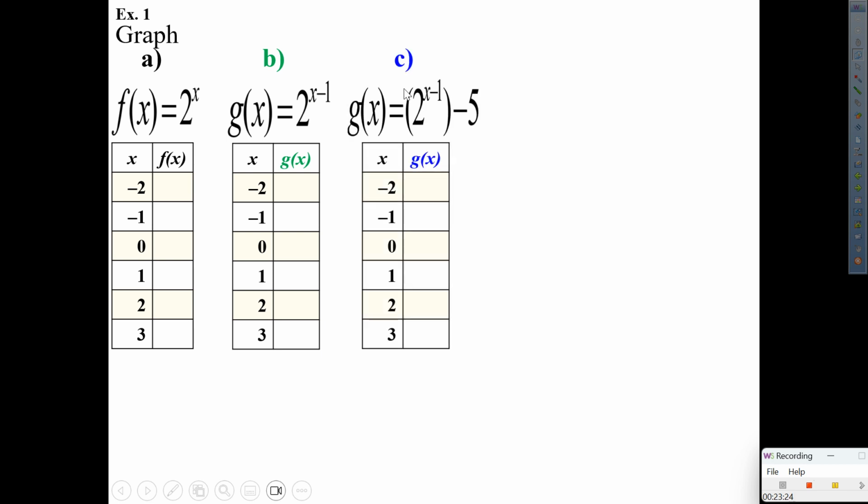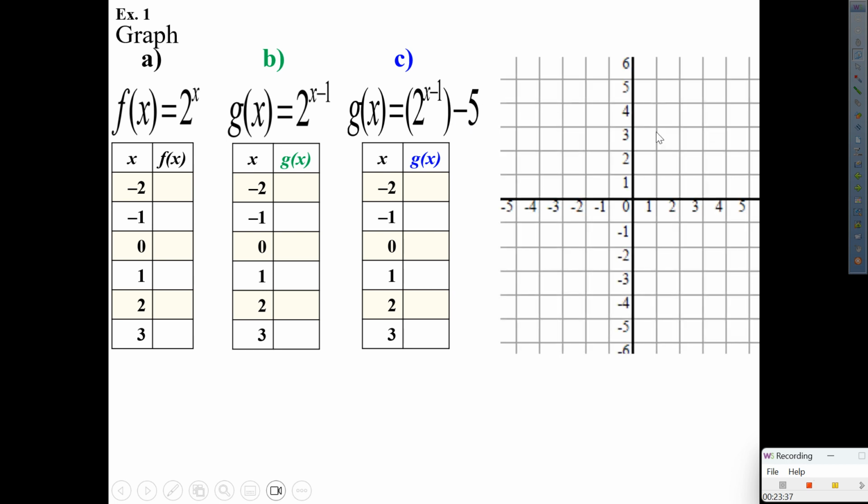Then one more table in blue, and this one is g of x equals 2 to the x minus 1, and then at the end, minus 5 outside the parentheses. Get that ready. I'll give you some time. Copy and go. Jacob, we ready?